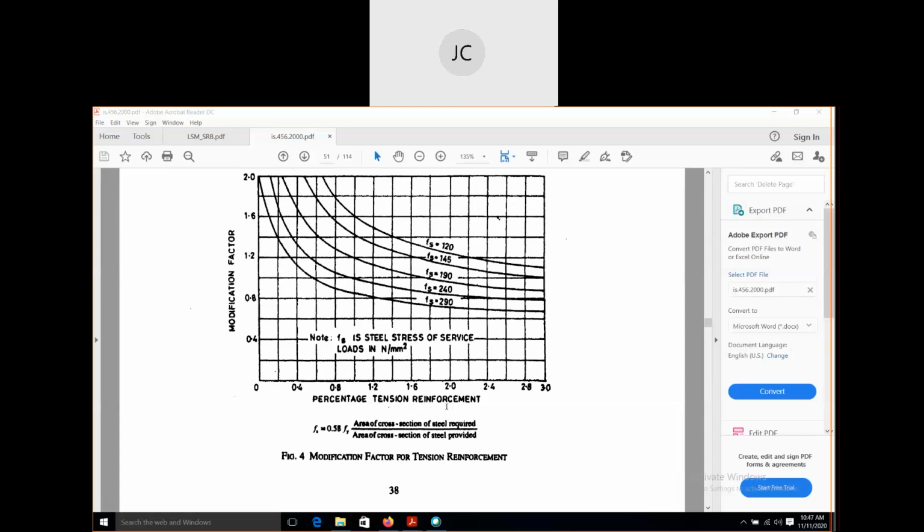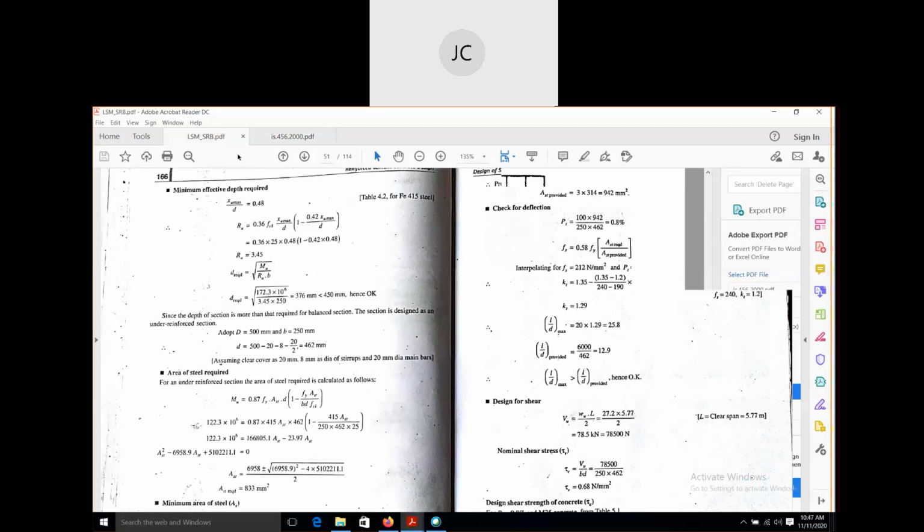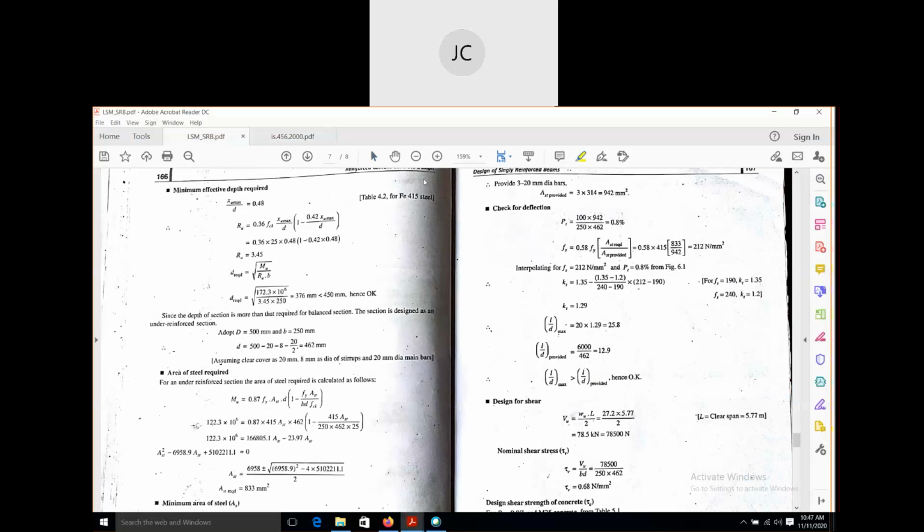Okay, so there is a formula given by IS 456. It is 0.58 into Fy into area of cross section of steel required, AST required, divided by AST provided. So first we will find out this value Fs. In this problem, the formula is 0.58 Fy AST required divided by AST provided.